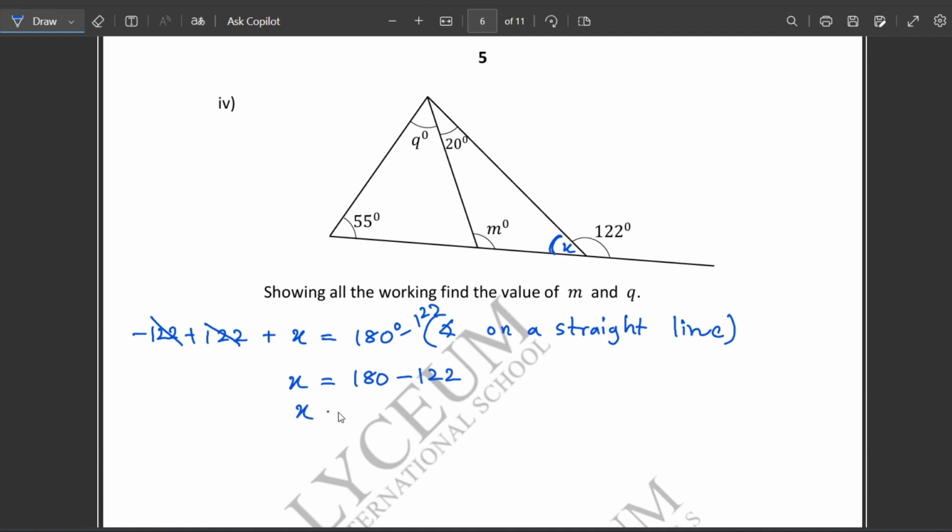So I get the value of X as 58. So here 58 is the value.